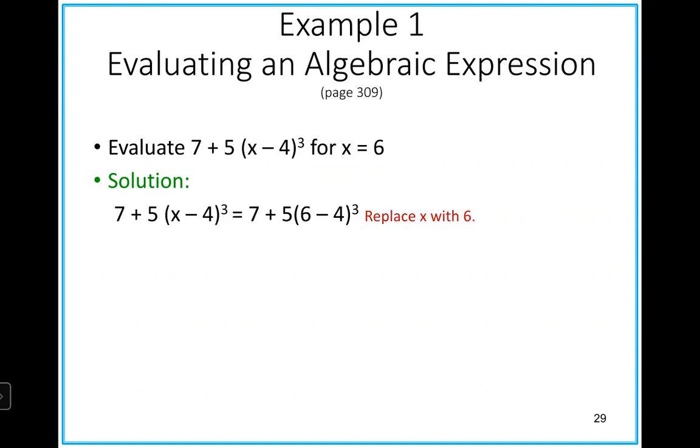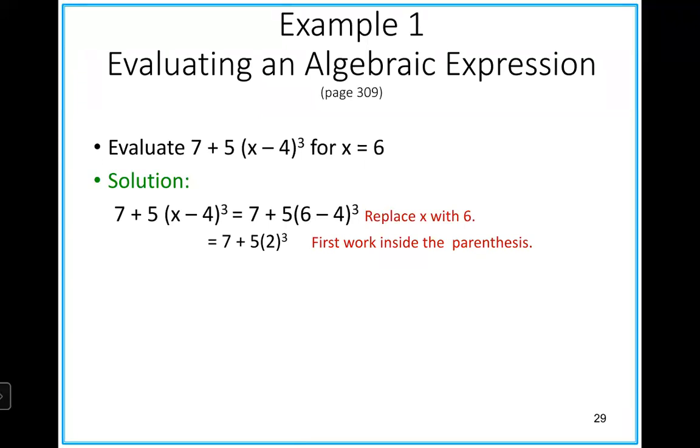So the first thing you will see here is that we have taken out the x and put 6 in its place. You're told that x is 6, so you write over the expression and remove the x and put the 6 in its place. So that's your first step.